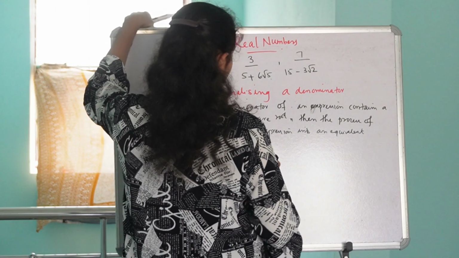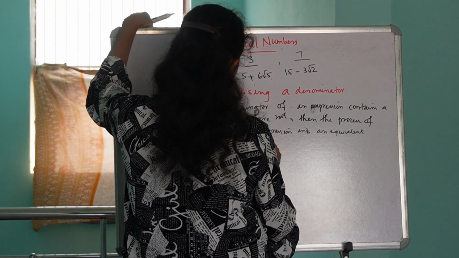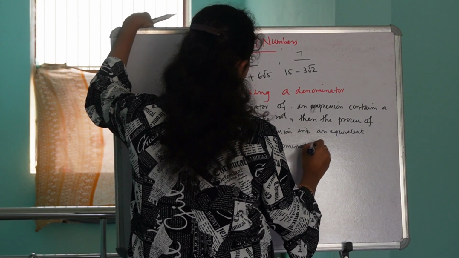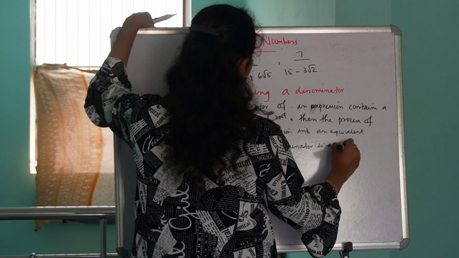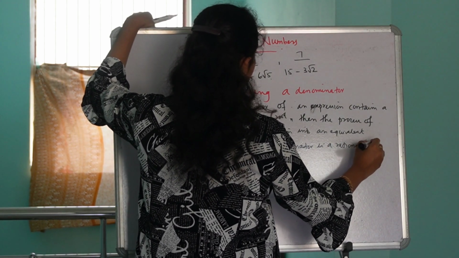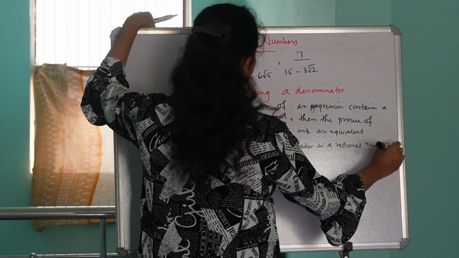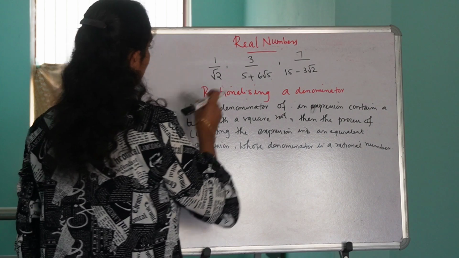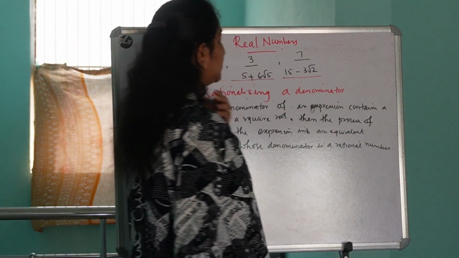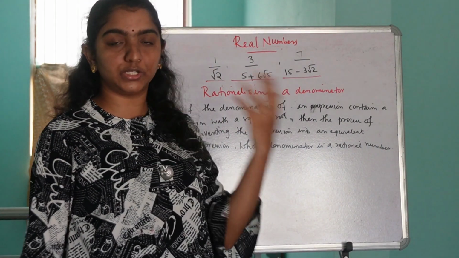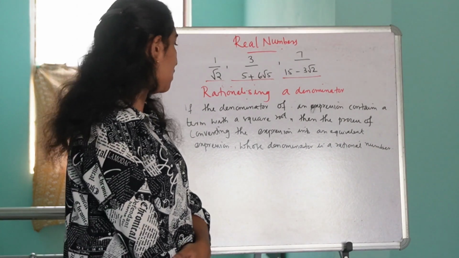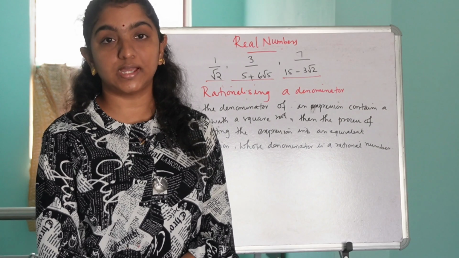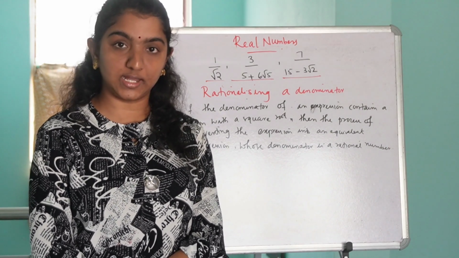Is it clear? Whose denominator is a rational number is known as, if the denominator of an expression contains a term with a square root like this, then the process of converting the expression into an equivalent expression whose denominator is a rational number is known as rationalizing the denominator. Is it clear, guys?